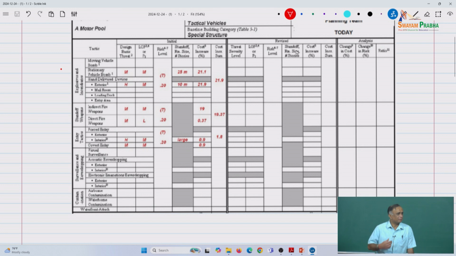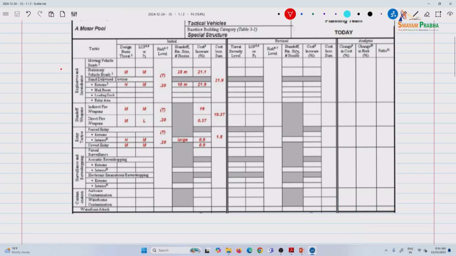But then the planning risk level, if you see, you calculate, and there is a chart out here. This gives you the design basis threat and then the level of protection. Then you calculate, in this case the risk level was 0.2. Most of you were asking, I got less than 0.1 and someone said 0.17.